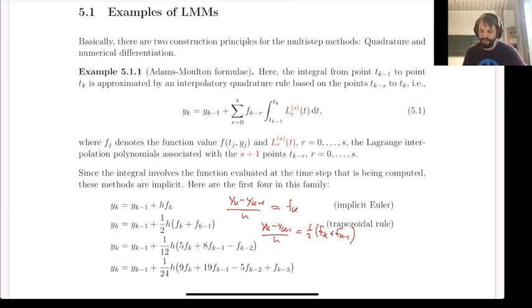And again, if you now ask yourself the question, if I stick the true solution u into this, how much does it not satisfy this? That's again the definition of the truncation error.